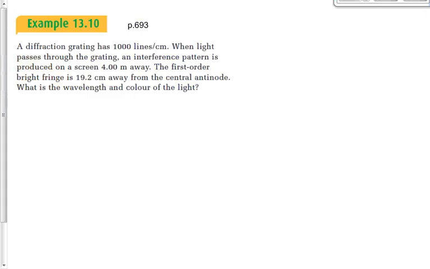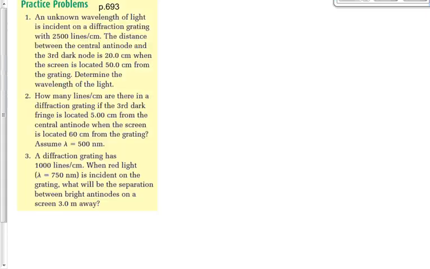Finally, the last set of questions involved diffraction gratings as opposed to just two openings, where we had, instead of this, with two openings, 1, 2, we had 1,000 or 2,000 or 3,000 openings per centimeter, which seemed to complicate things a lot, but it doesn't really have to.